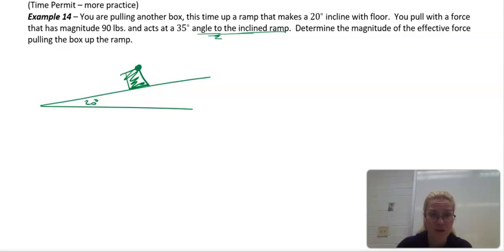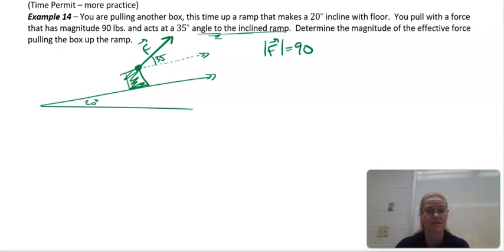So if I'm pulling here, then parallel to the inclined ramp, I am pulling at a 35-degree angle. And that force has a magnitude of 90 pounds. So the magnitude of F equals 90. All right? Determine the magnitude of the effective force pulling the box up the ramp.